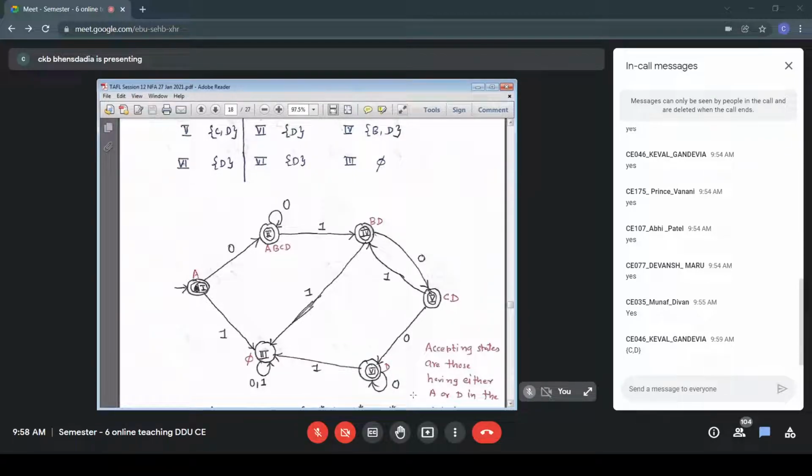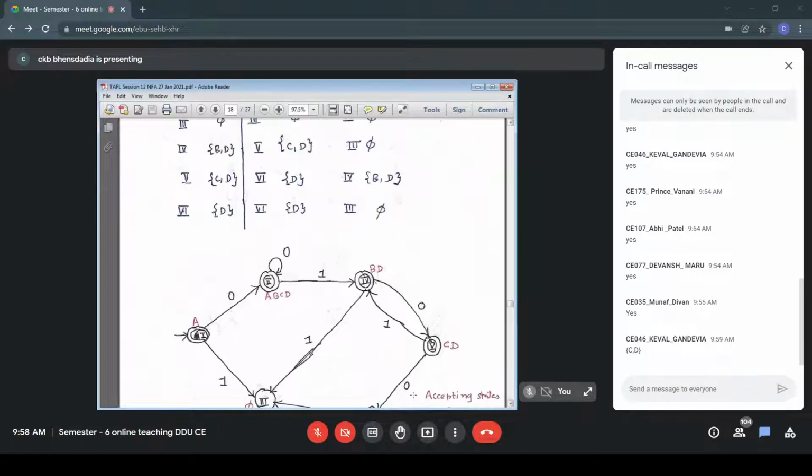Similarly, transitions for all remaining states. For example, 5 on 0 is 6, and on 1 it is 4. So we have defined these transitions.